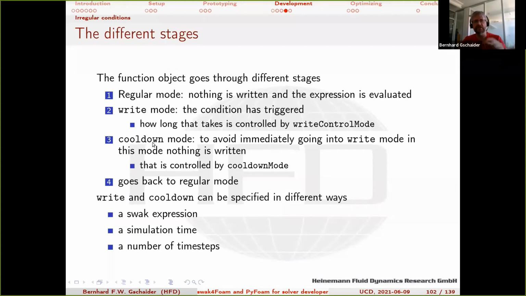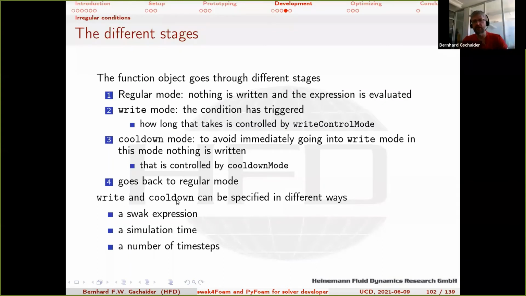After that, there's a cooldown mode. With that, you can avoid the writing being immediately triggered again. If you say, okay, I'm still in the event and I just want to catch the next event, so I'm going to wait 100 time steps before I consider writing anything, that's controlled by cooldown mode. Once cooldown is over, it goes back to regular mode and waits for the event to occur again.